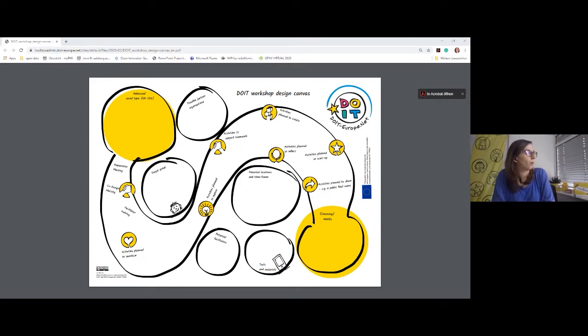And through the whole workshop design canvas, you can see every step that you need to take. For example, a preparation meeting. Do you need a preparation meeting? Yes or no? And a co-design meeting, maybe with some of your children and youth you are working with, or with other facilitators. Also, do you need a facilitator training?